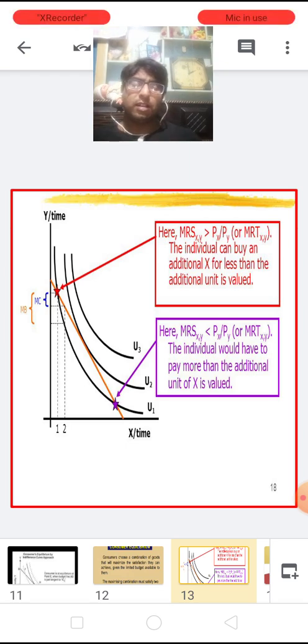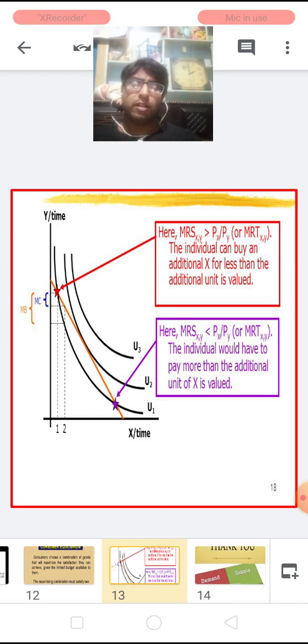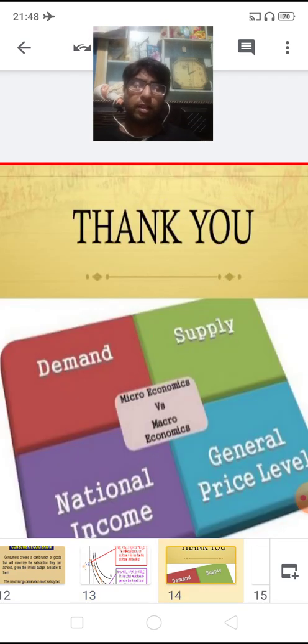This is the condition that should help you in understanding the concept of consumer's equilibrium.